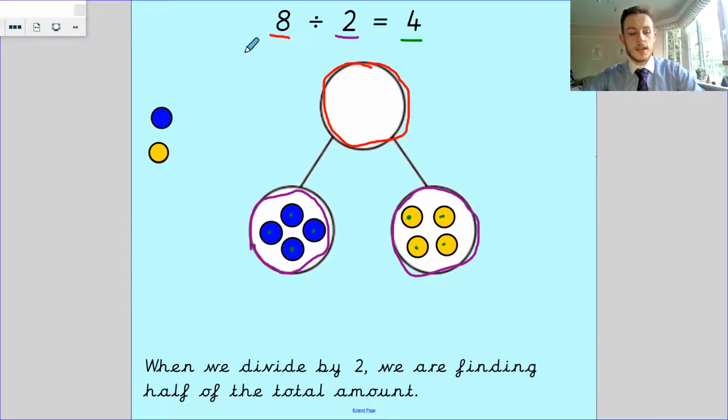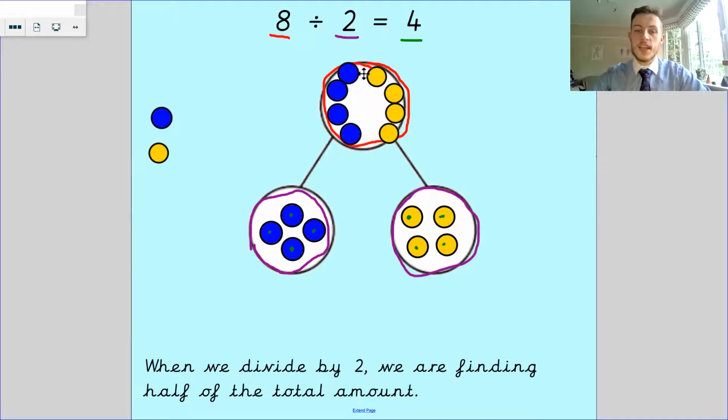Now, to find my total amount, I've had 1, 2, 3, 4 blues, and I've got 1, 2, 3, 4 yellows. So you can see I started with a total of 8, and half of that amount right down the middle has been put into this part, and half of it has been put into this part. I've divided by 2, I've split them up.